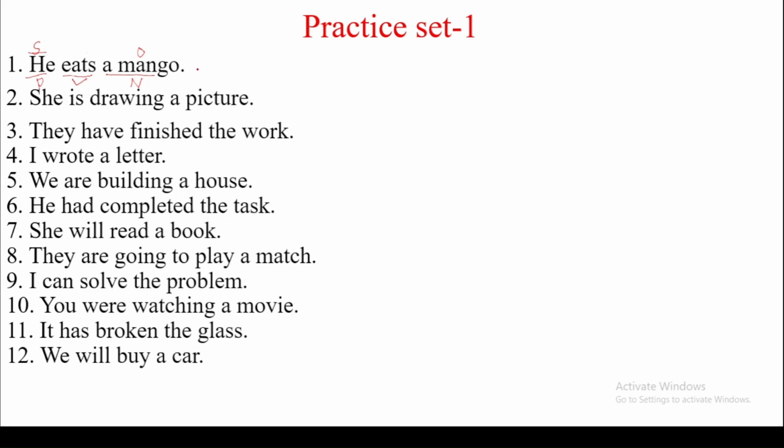So if we have to change this sentence into passive, how will it be changed? The first rule is object into subject. So what is the object? A mango. So we write here: a mango. Then the second step is verb be. Verb be is used according to tense and aspect.